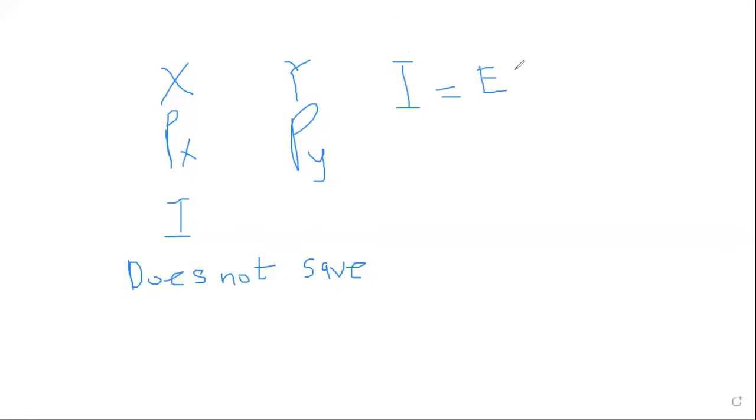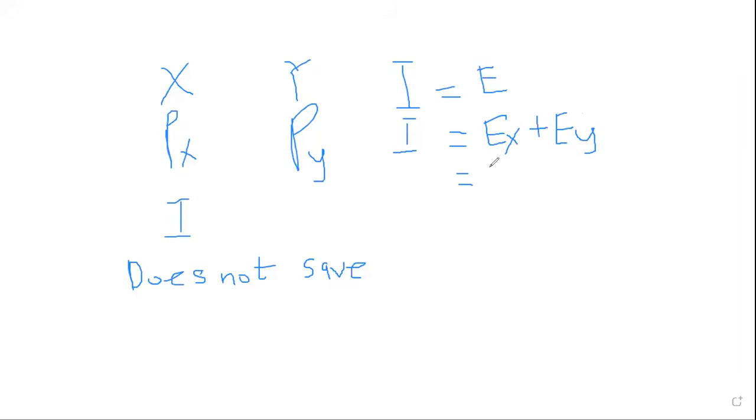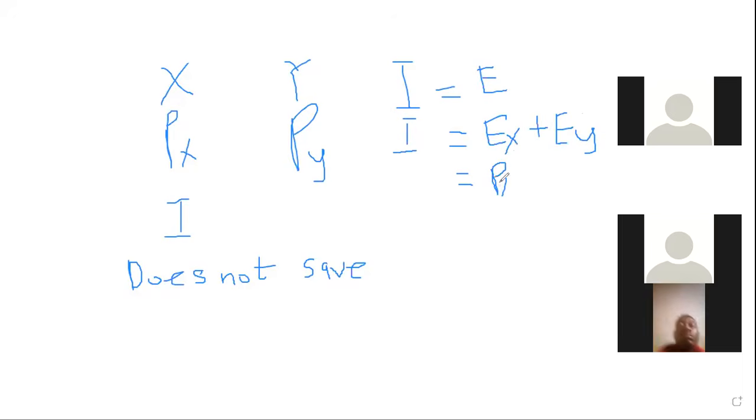The expenditure of the consumer will comprise the expenditure on commodity X plus the expenditure on commodity Y. Expenditure on commodity X is equal to the price of X times the quantity of X that you purchase.